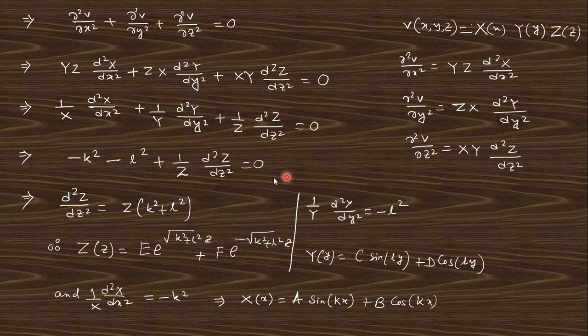Finally we get this solution for z with k square plus l square, this is the solution for y with minus l square, and similarly this is the solution for x.